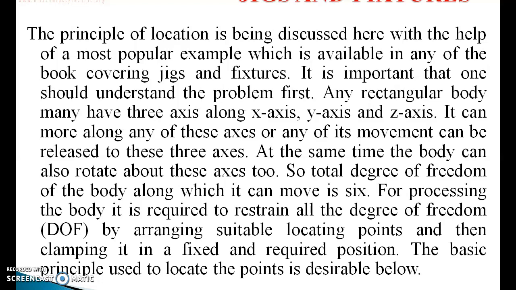It can move along any of these axes. At the same time, the body can also rotate about these axes too. So the total degrees of freedom of the body along which it can move is 6.